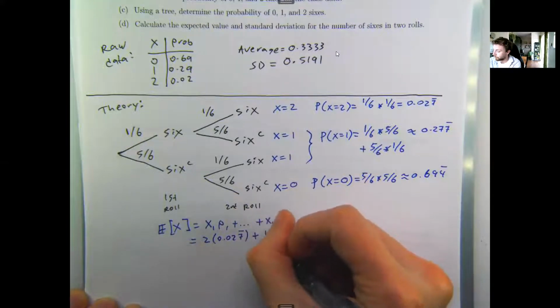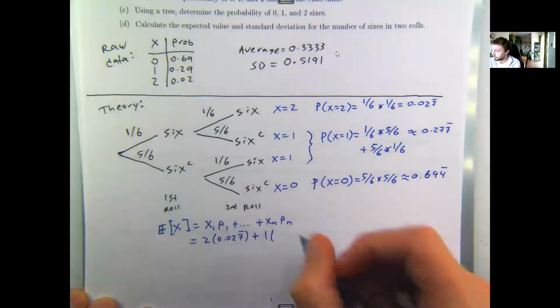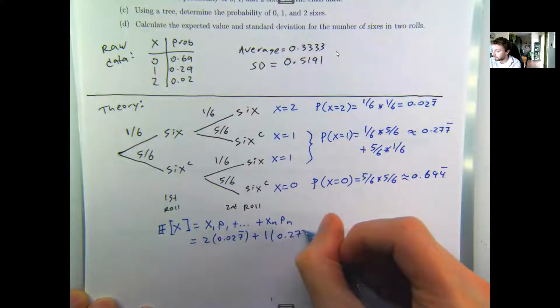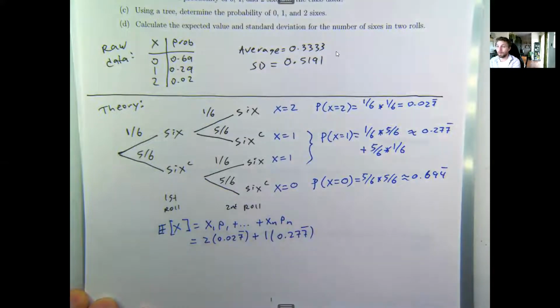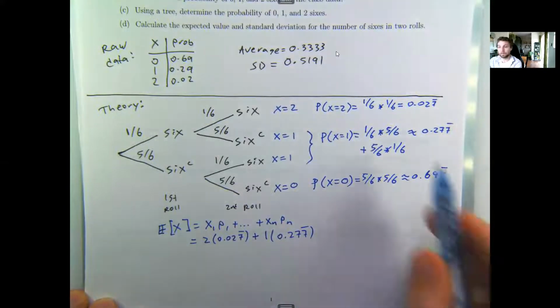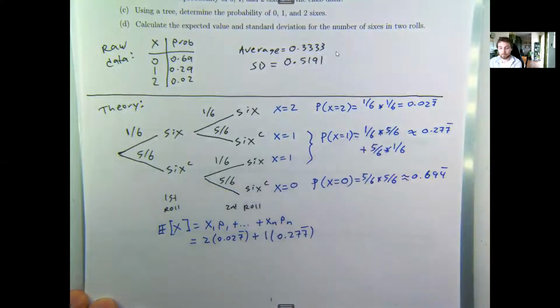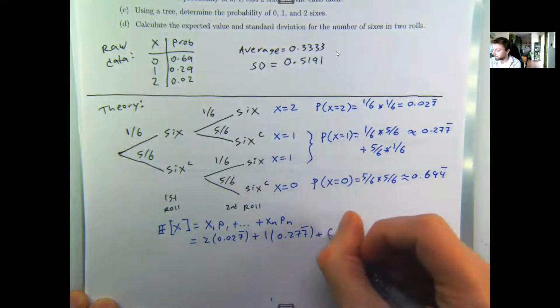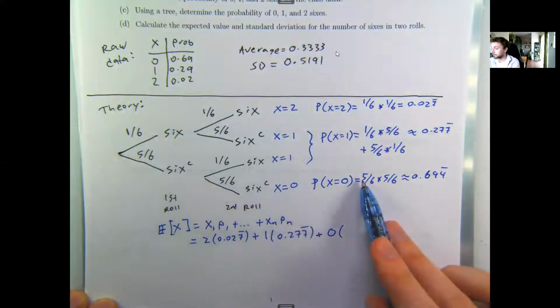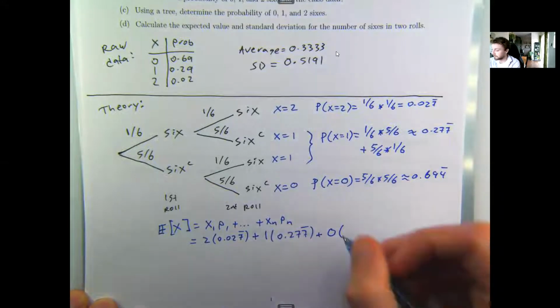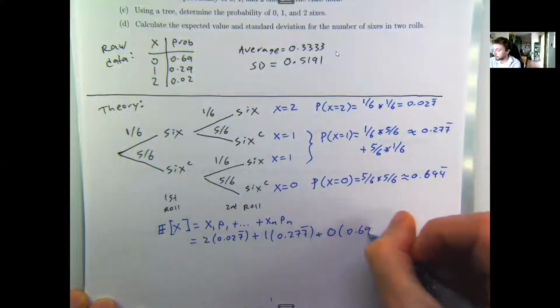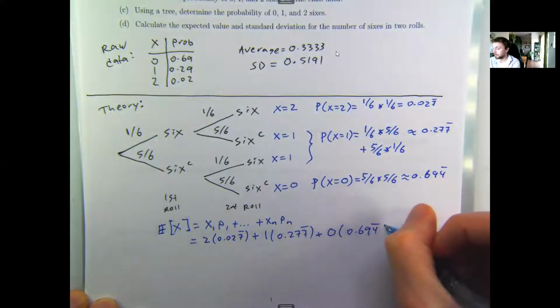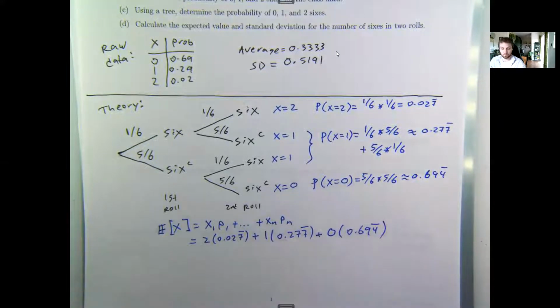Next one of these, I have 1 times 0.277 repeating, or 10 out of 36 if I wanted to write that as a fraction. Finally, the last thing I have is 0. This looks like this is 25 over 36, or 0.6944 repeating if you're writing that thing as a decimal.